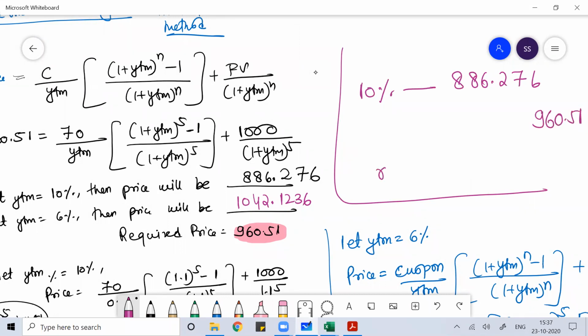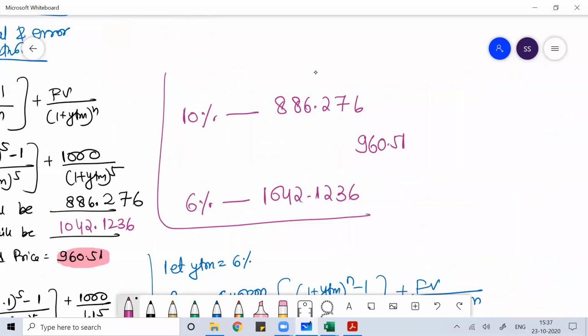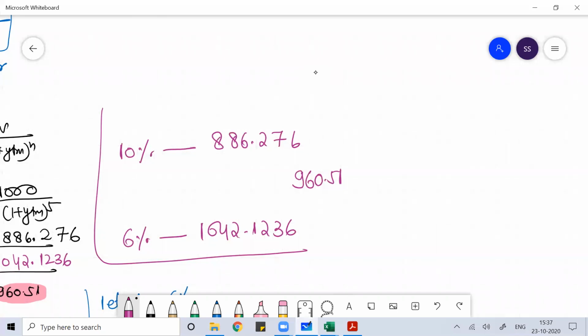If I took R as 6%, I am getting the price as 1042.1236.